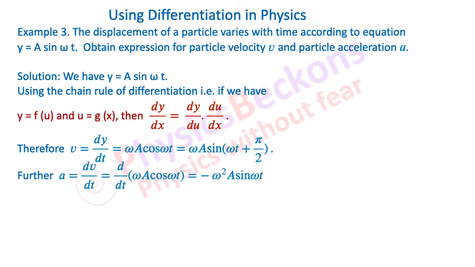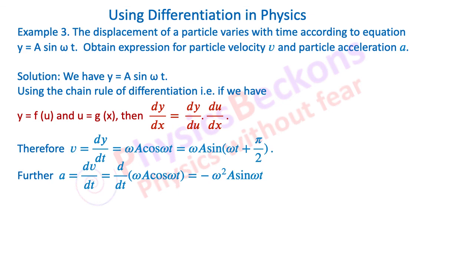Further, to find the acceleration, you have to differentiate the expression for velocity, which leads you to minus omega square a sine omega t, because here you have to differentiate cos omega t. That will give you minus omega sine omega t. So overall the expression will be minus omega square a sine omega t.